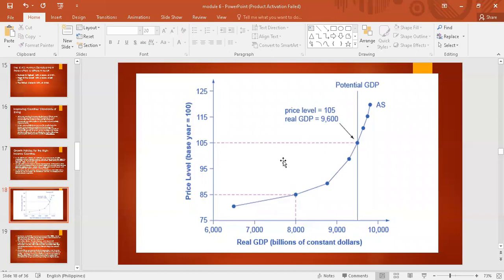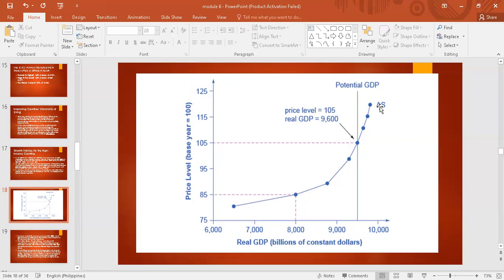Okay? Ito yung output natin kung saan may increase. Wait lang po. Habang tumataas yung price ng mga goods, ganun din, nag-i-increase din yung amount na piniprodyus.